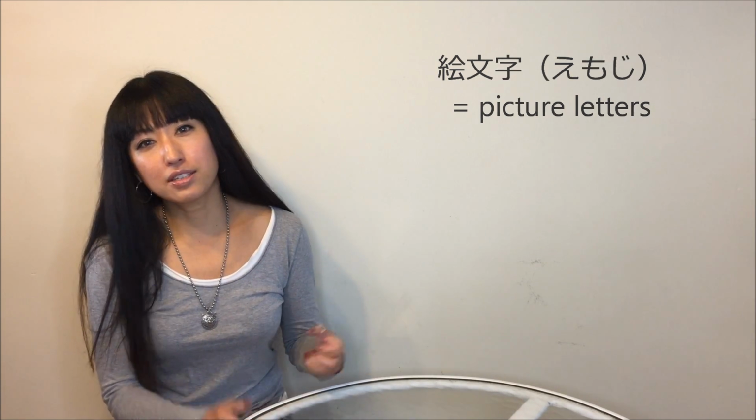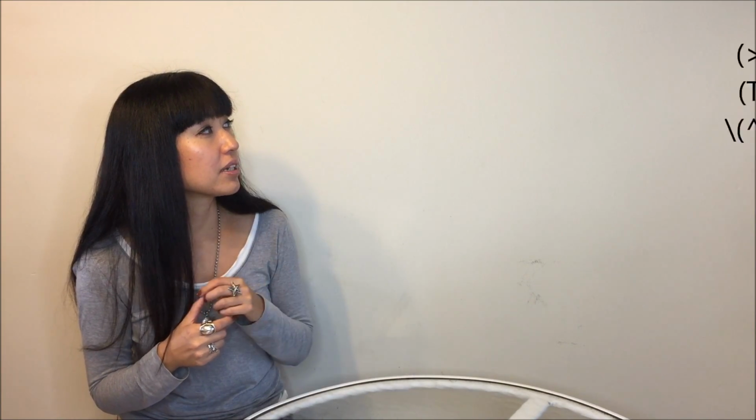So nowadays, if you're on a smartphone, you have the emoji palette, the emoji buttons, right? But back in the day, when it was still not there, we used to make faces with all the characters. Let me see if I can try to make something.